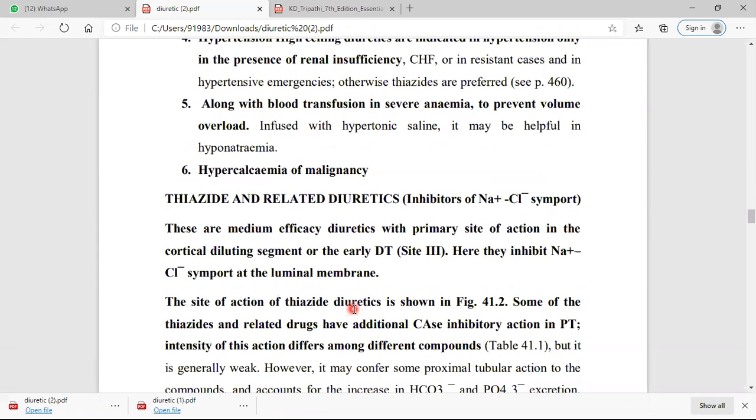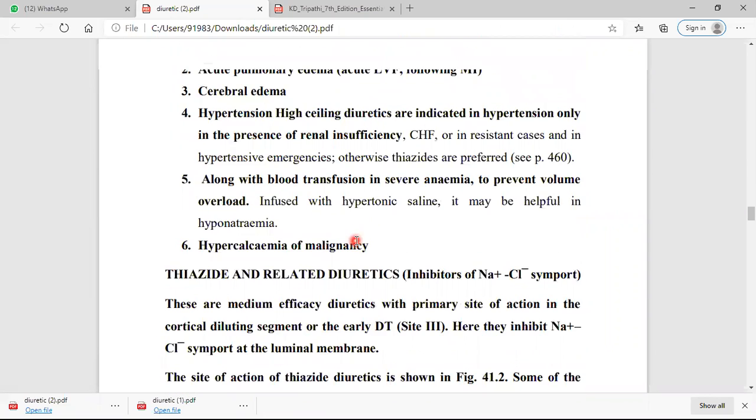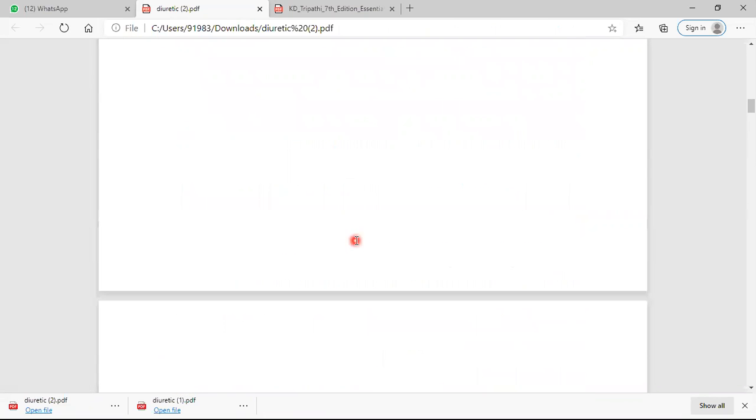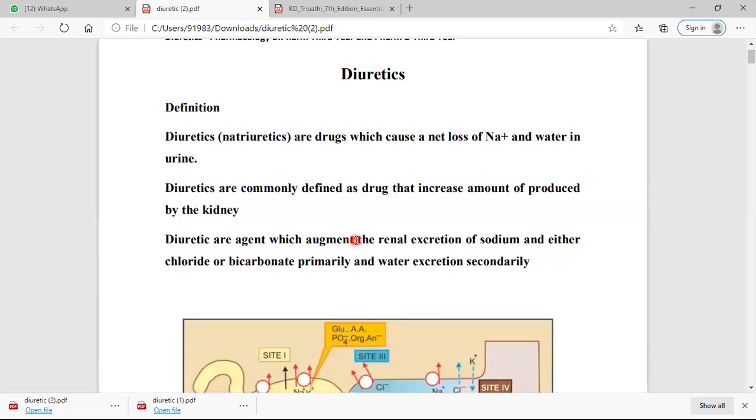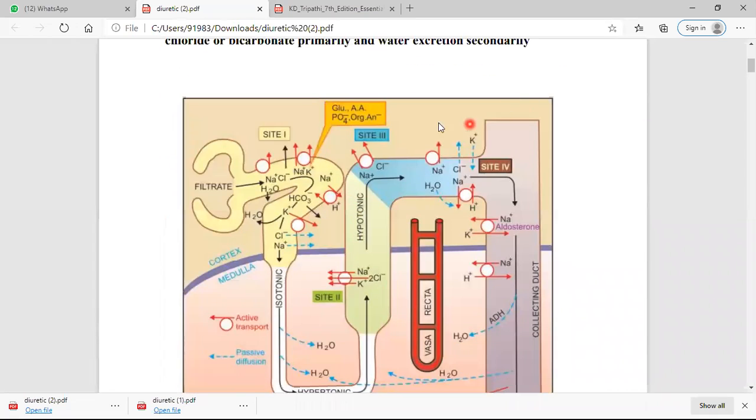Okay, now you see the second category, the thiazide diuretics. It is a medium efficacy diuretic. Now you see again this diagram. Now thiazide diuretics inhibit the action at this site, called site 3, which inhibits the sodium and chloride co-transport system, and due to that it causes the excretion of sodium and chloride.